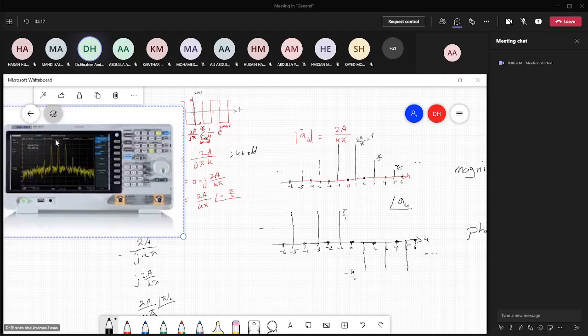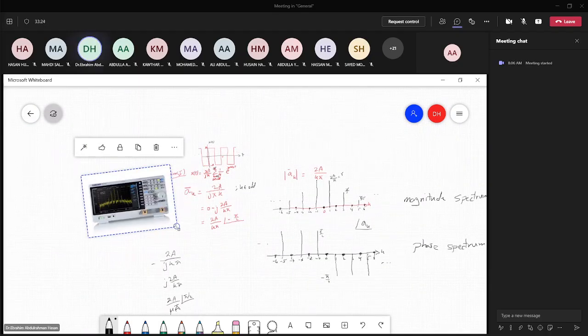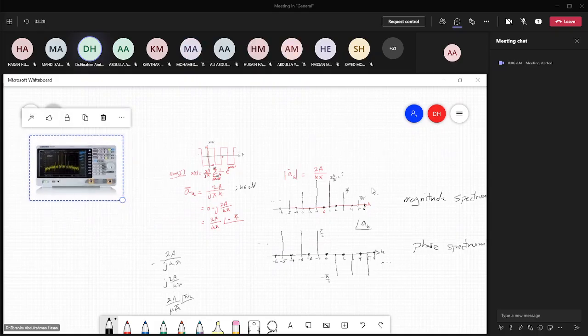You will get something like this. Okay, so this is what we have in the lab. So if you want to see the spectrum of a_k, then you need to use a spectrum analyzer. If you want to see the waveform, then you need to use an oscilloscope. The oscilloscope gives you x of t, but the spectrum analyzer gives you a_k, the magnitudes.